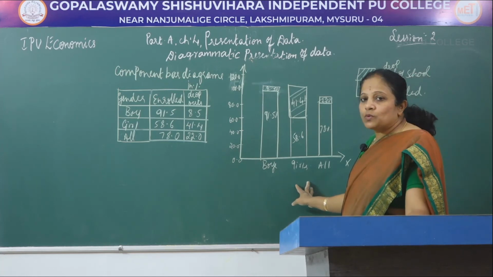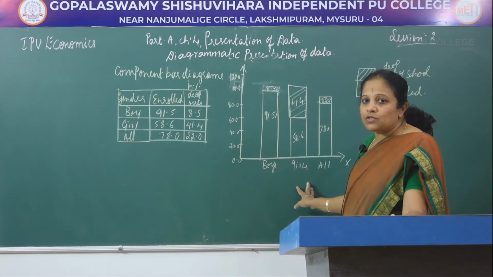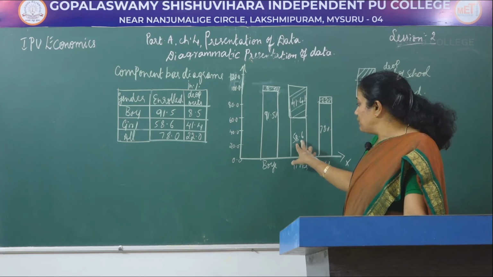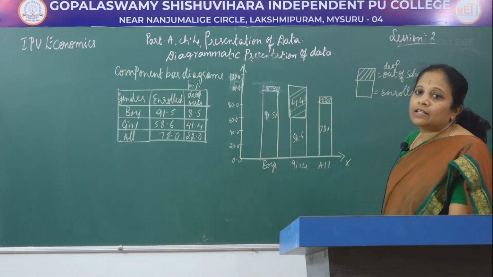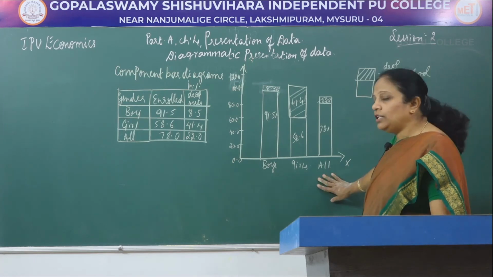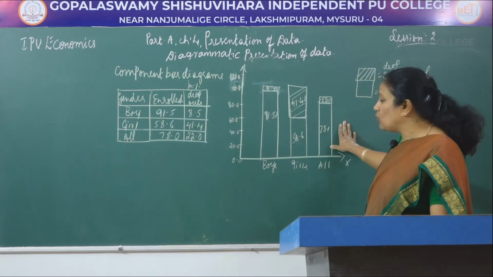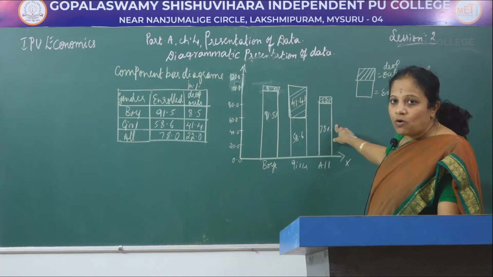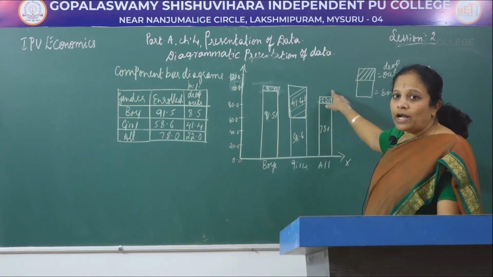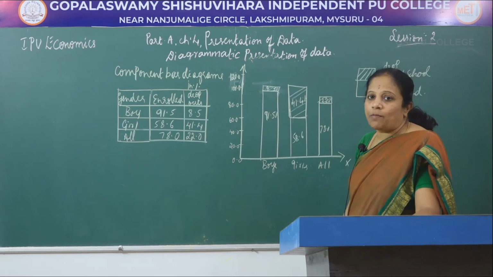And overall, out of the total strength of the school, 78% were enrolled in the school and 22% dropped out.